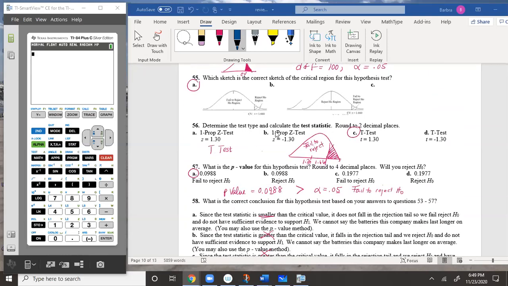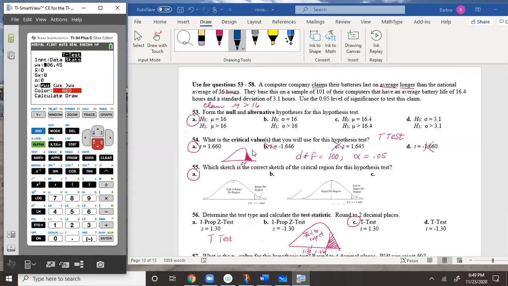For 56, determine the test type and calculate the test statistic. We have a computer program for that. We go to stat, test, t-test, that's number 2. We're going to input the statistics that we have. Mu naught is the claim of 16. The mean of our sample is what? The sample of 101 has an average of 16.4.